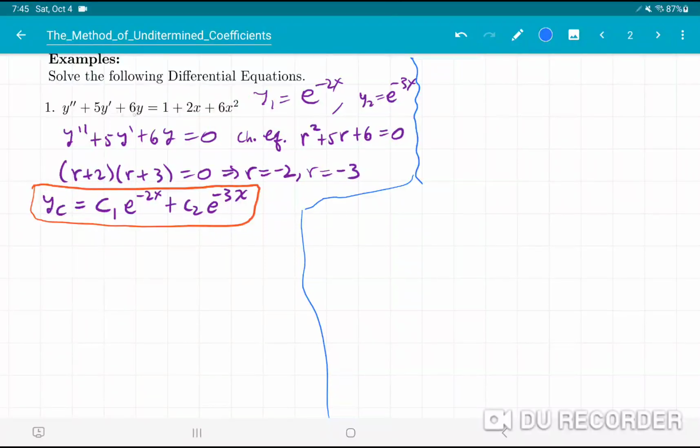So what kind of function will give us a quadratic function when we multiply it by 6, multiply the derivative by 5, and add the second derivative and add them up? The best guess we can come up with is y equals a quadratic function, ax squared plus bx plus c. And then we're going to find a, b, and c.